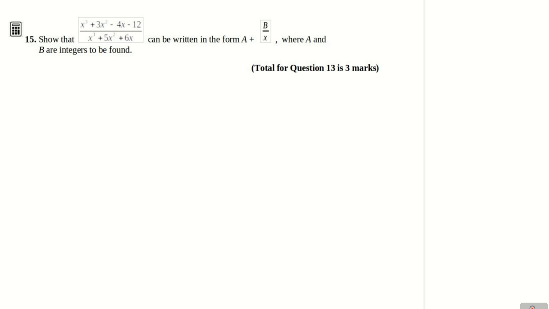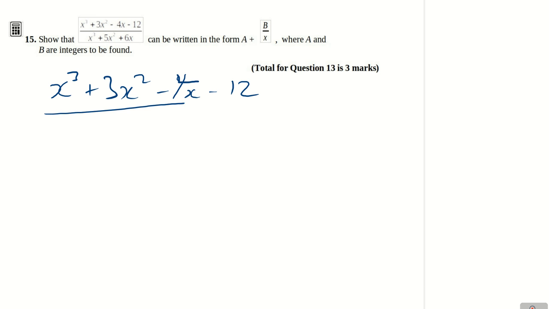Okay, so we've got to change that fraction into the form that they've given us. I'll write it out again to make it a little bit easier to read: x cubed plus 3x squared minus 4x minus 12, all over x cubed plus 5x squared plus 6x.